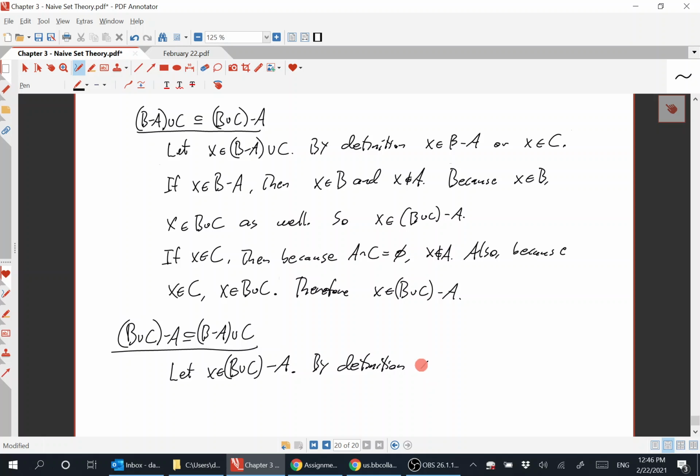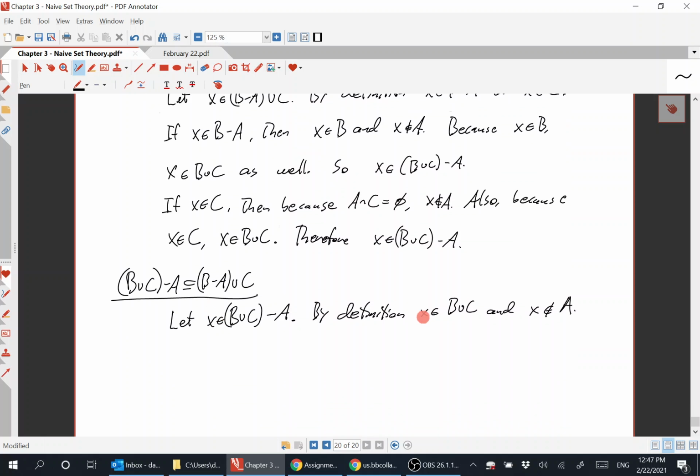That means X is an element of B union C, and X is not an element of A. Well, X being in B union C means X is in B or X is in C.